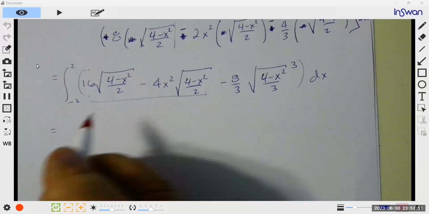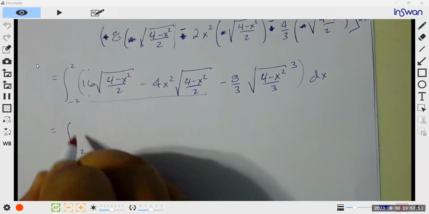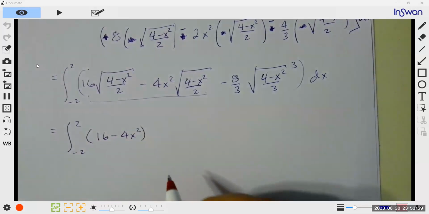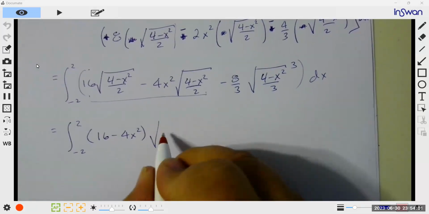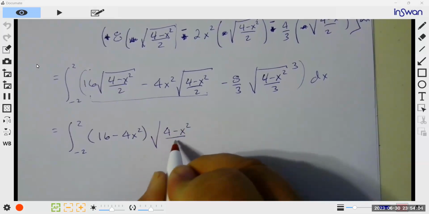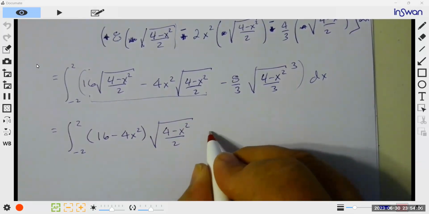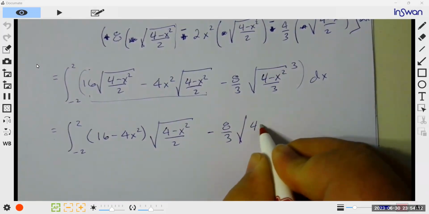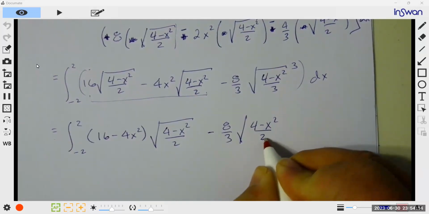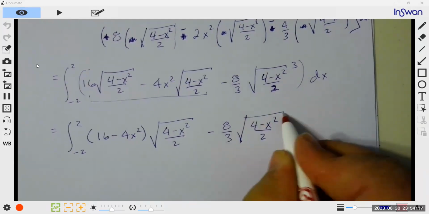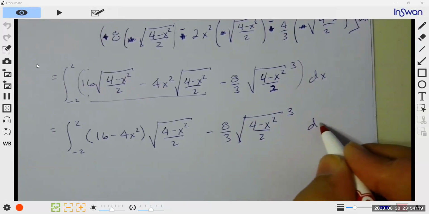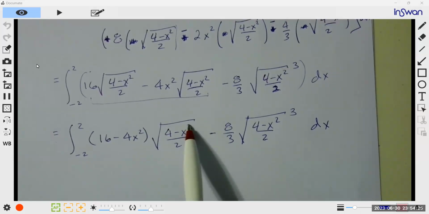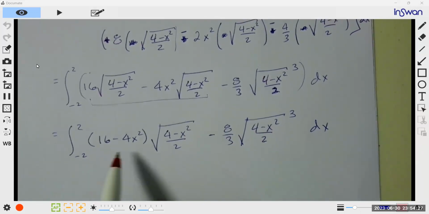Now go ahead and combine these two. So we have 16 minus 4x squared radical 4 minus x squared over 2. That's 4 minus x squared over 2, not 3, where I got 3 from, cubed. Because now I get this.